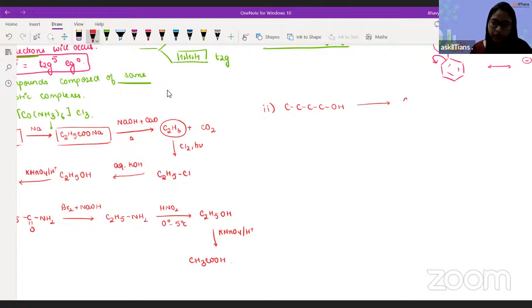Converting it to butanoic acid means the last carbon is COOH. So basically, this CH2OH is getting converted into COOH. It's one step: acidic KMnO4. Work done. Because that is a strong oxidizing agent that will convert my alcohols to acid with the same number of carbons.